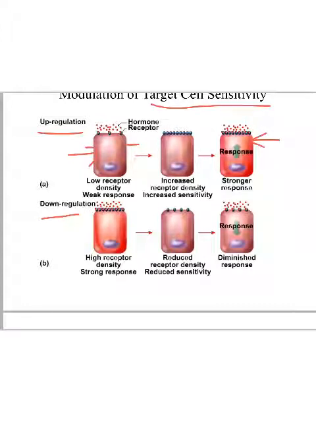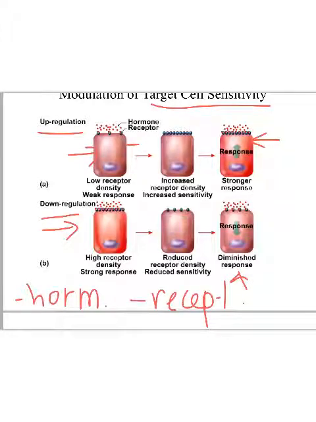So you develop more receptors and you can become more sensitive to the hormone. Downregulation means that we're reducing how many receptors we have. So how the cells respond depends on how much hormone we have, how many receptors we have, and sometimes we have interactions between the hormones.